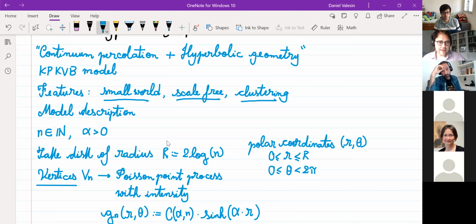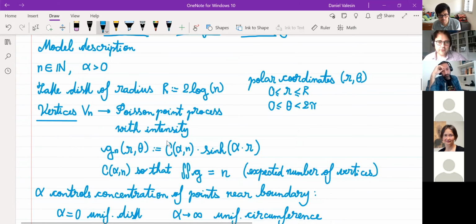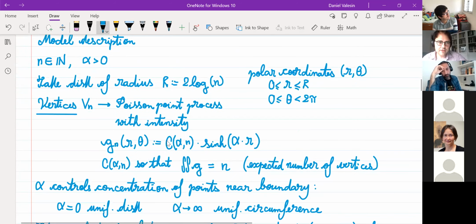I'll tell you in a second what this is. To define the model, you do the following. You take a Euclidean disk in R^2 with radius R = 2 log n, and the points of the disk I will denote with polar coordinates, r and theta, with little r between 0 and big R.